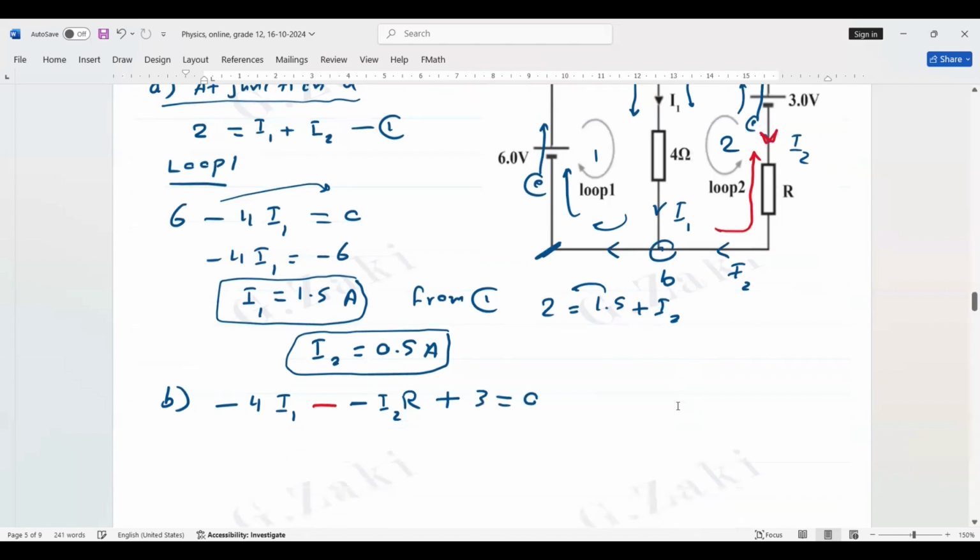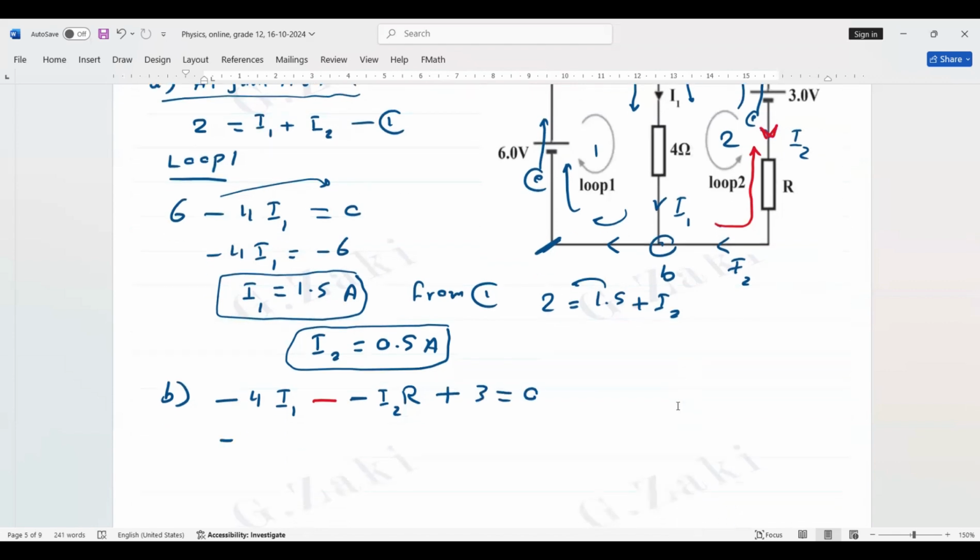Now we solve this. Negative 4 I1, it's 1.5. Negative, negative, positive, I2 is 0.5 R plus 3 equals 0. Now we use the calculator. Negative 4 multiply 1.5 plus 3, the answer is negative 3. Then negative 3 plus 0.5 R equals 0.